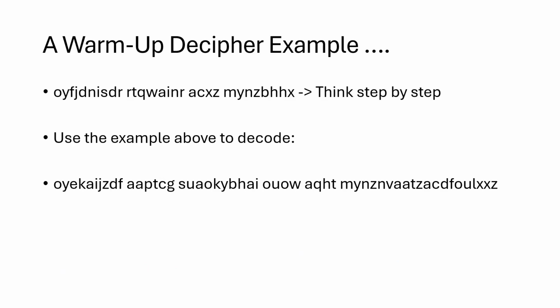Just a warm-up example, I grabbed this example from the OpenAI O1 website. This is a decipher example. The first line, the left part is just a composition of some random characters, and the right part, think step by step, is the deciphered version.